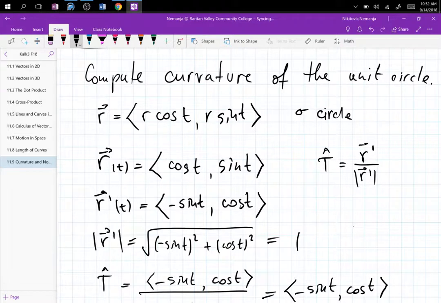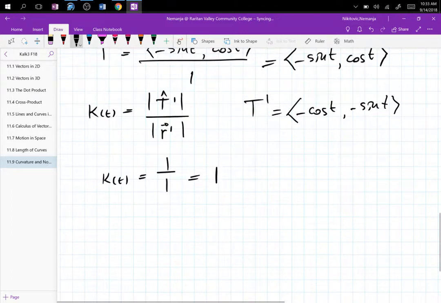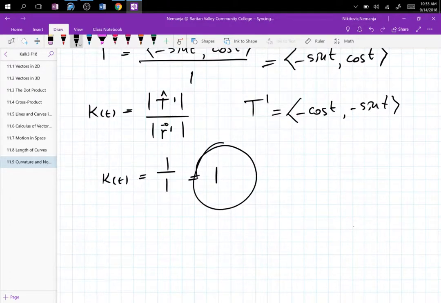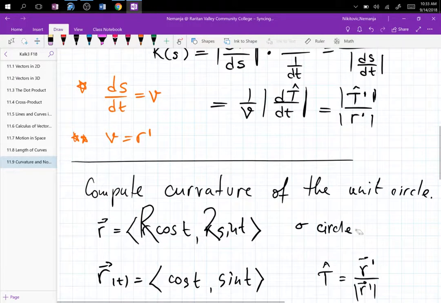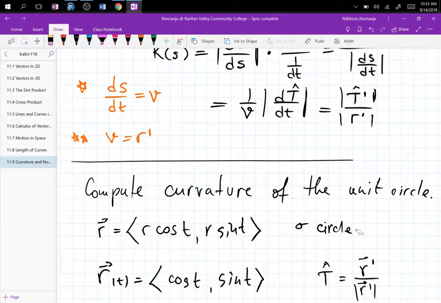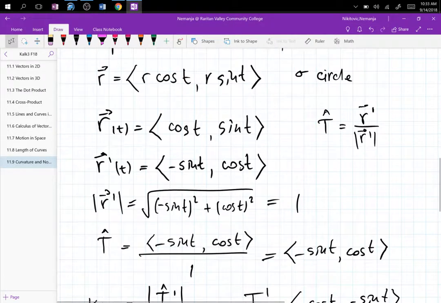You are going to use capital R and redo this problem for every radius that you can encounter to get this to be in terms of capital R. And then you will have the mathematical model for calculating curvature of any circle that depends on a radius. This is how you develop formulas in physics and engineering.